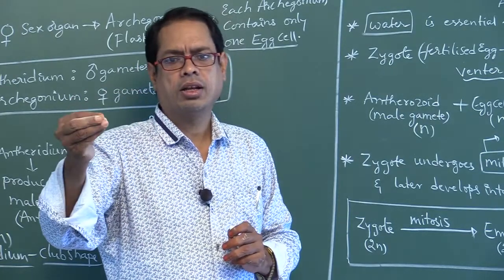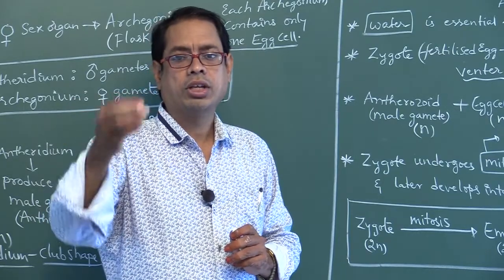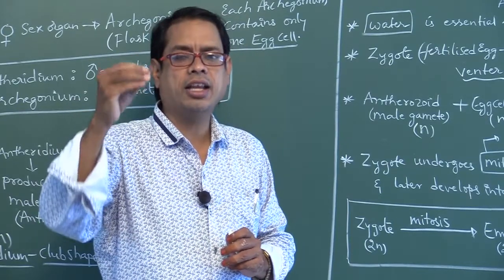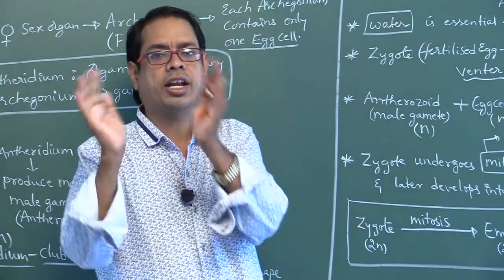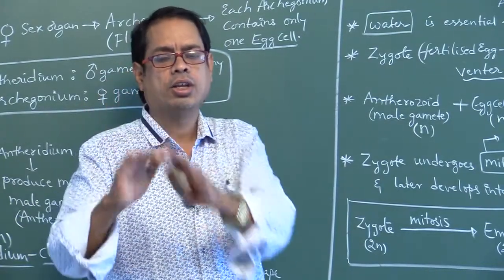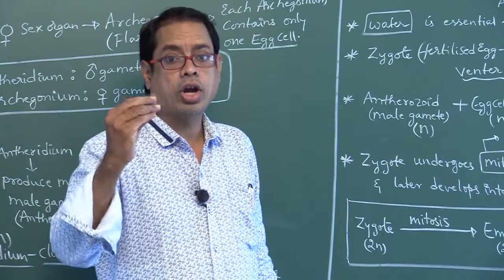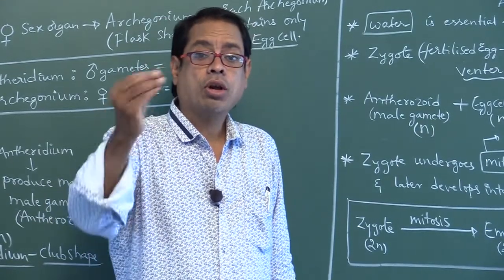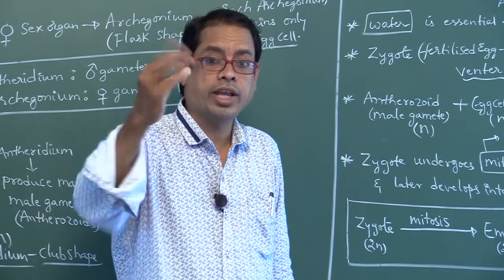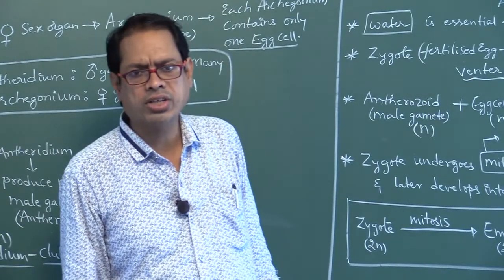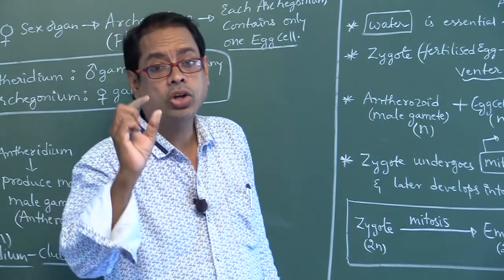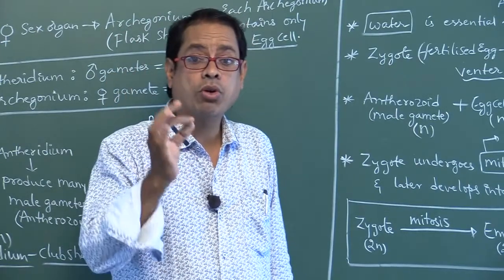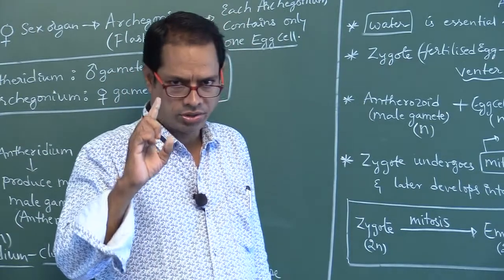In the female sex organ called archegonium, the egg cell is present inside the venter, and there fertilization occurs. What type of oogamy? Zoidogamy. The sporophyte is developed from the zygote by what type of divisions? Mitotic divisions. The first cell of the sporophytic generation is the zygote.